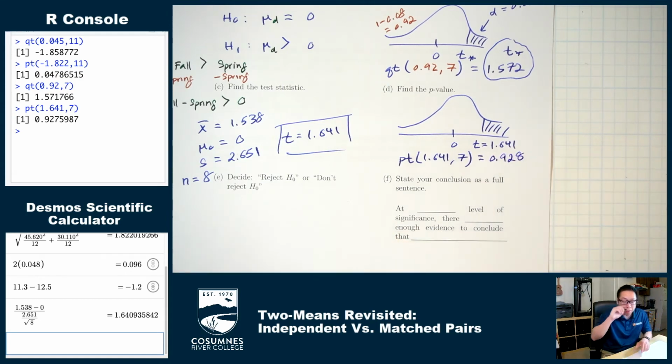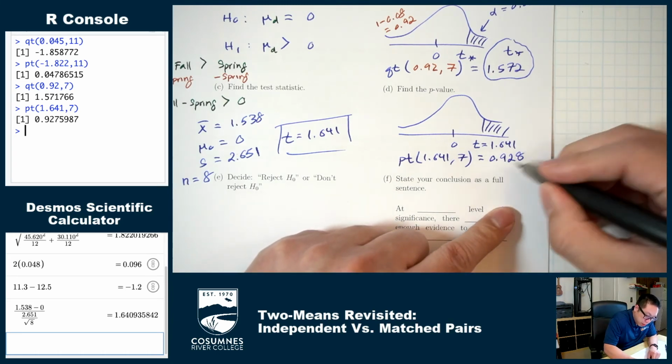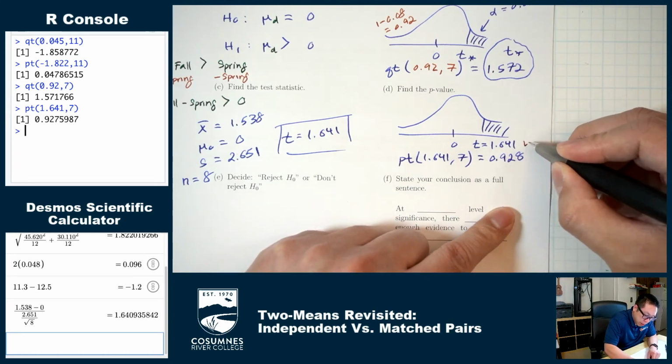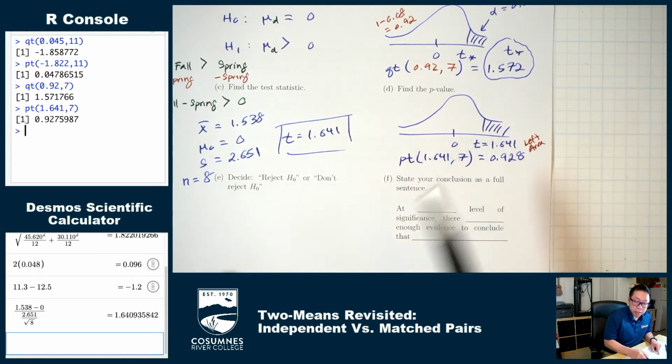Okay, so I already know that that's not the final answer. P-values should be pretty small, and that's because pt spits out the left area, so it always gives you the left area. This 0.928 is a left area, but I'm not looking for a left area, right? I'm looking for the area to the right, which means I'll need to do a 1 minus here.